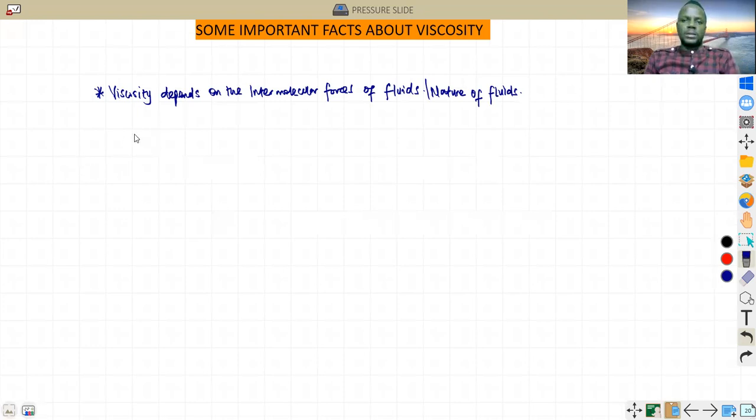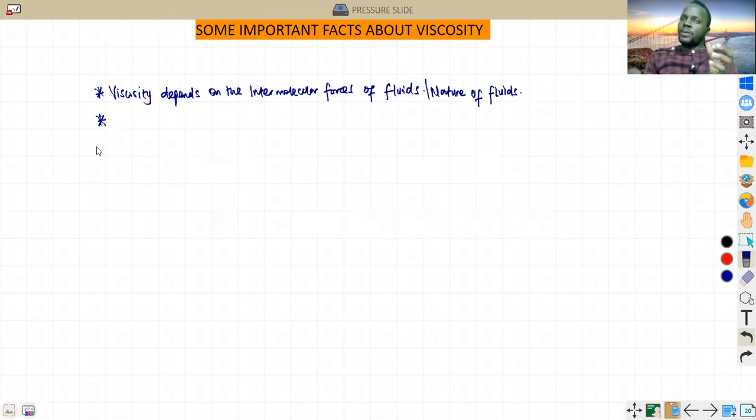Another point we can put down on viscosity is this. Now, to understand this, there's what we call the coefficient of viscosity, which I have not talked about. Like I said, the viscous force depends on some certain parameters, which I can quickly break down.